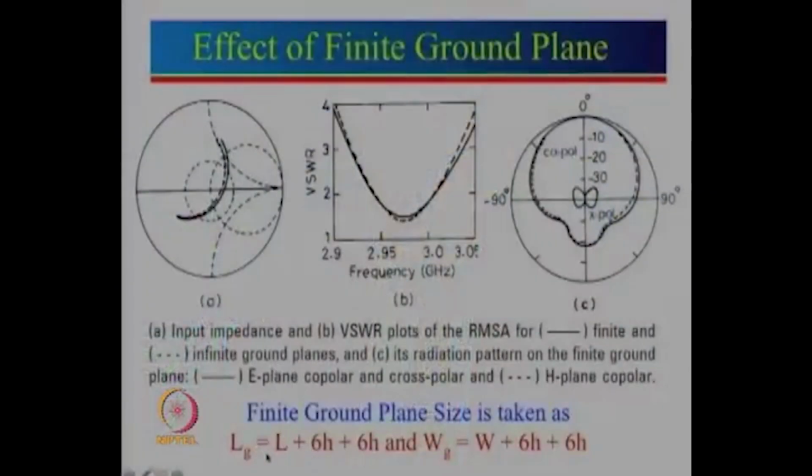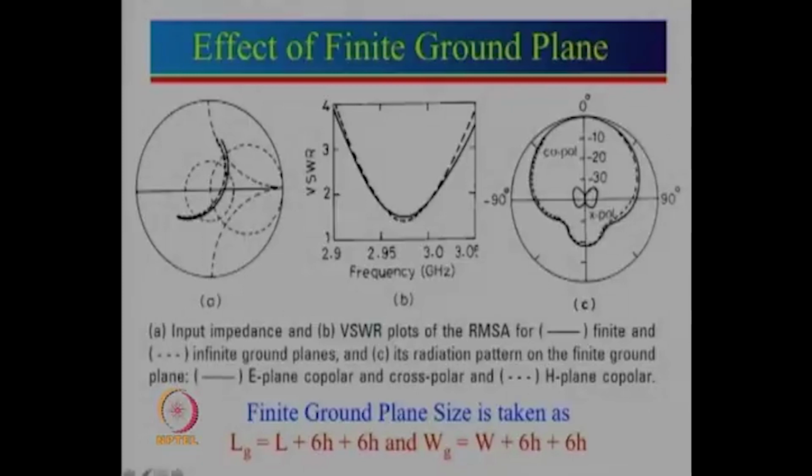We realize that the ground plane size should be more than the length, with 6h on one side and 6h on the other side. Similarly for the width of the ground plane, 6h on one side and 6h on the other side. In reality, if L and W are the patch dimensions, you have 6 times the substrate thickness all around. If you do that, let us see what happens here.